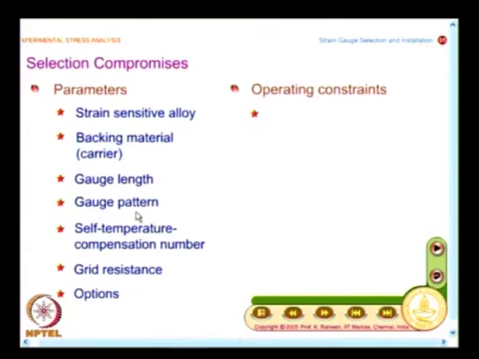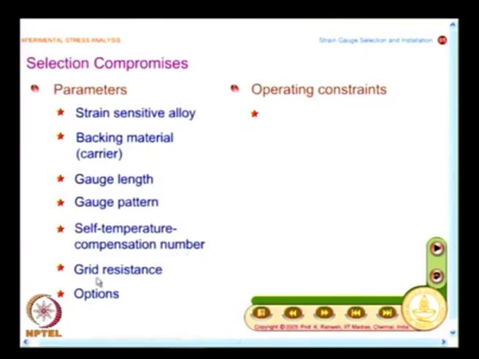And we have also said for small temperature variation, it is desirable that you go for a self temperature compensation, and depending on the specimen material on which I am going to do the test, I need to select this number.